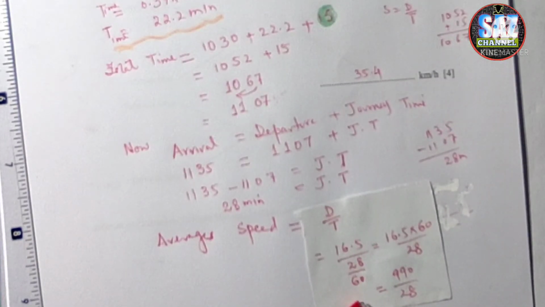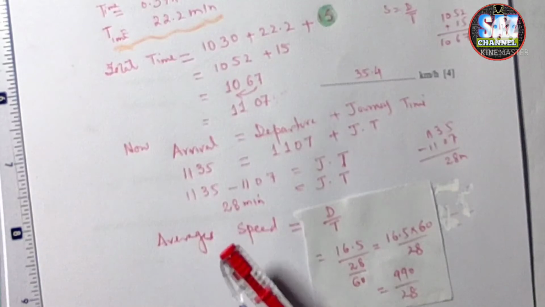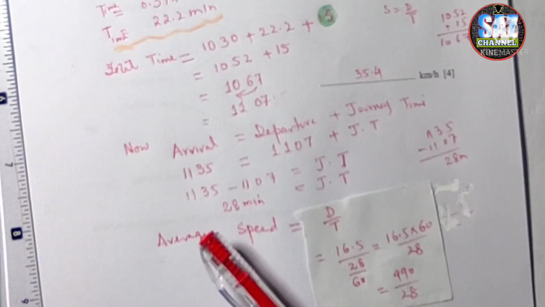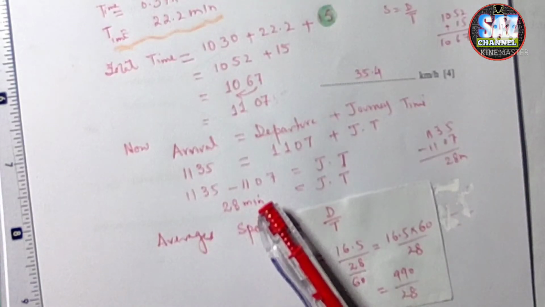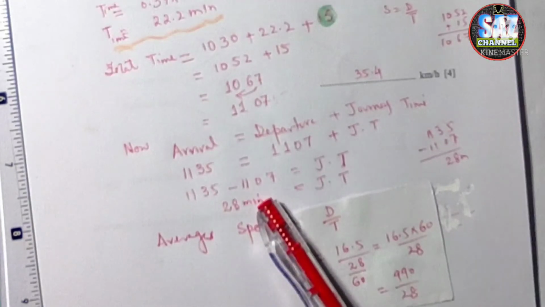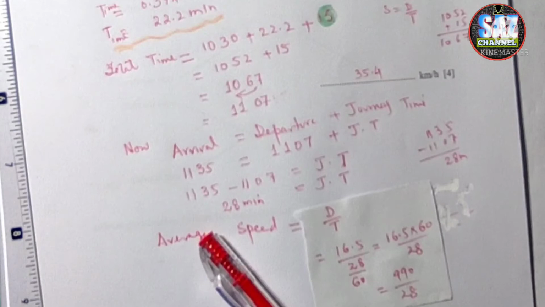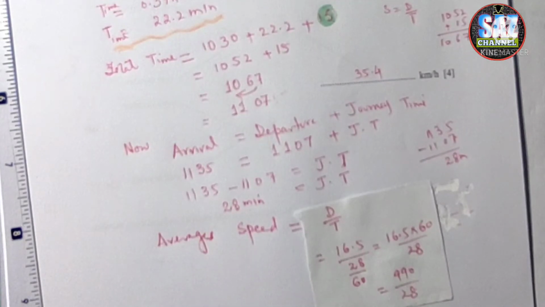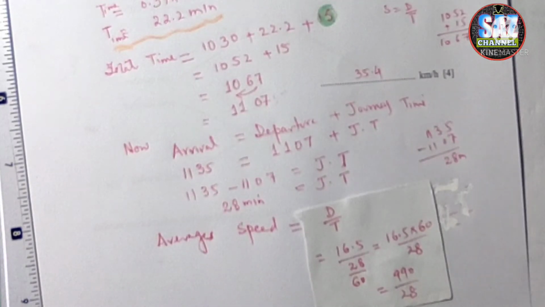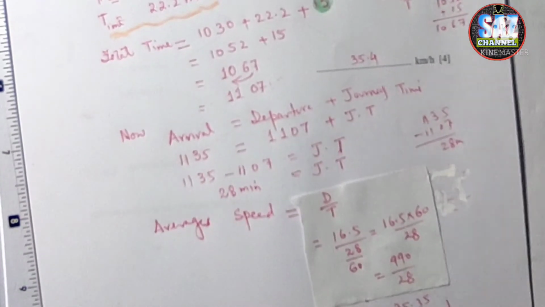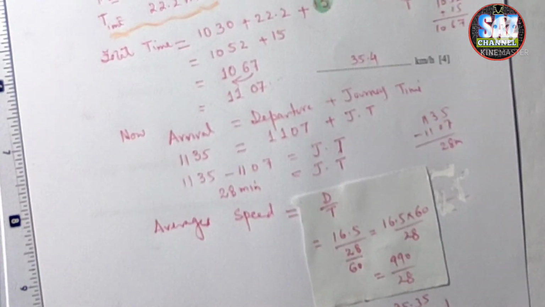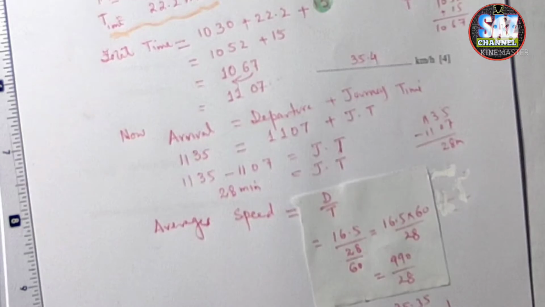In order to find the journey time, we have to take away that 11:07, which is the departure time from T towards P, from the arrival at P, and then we can apply the formula, average speed equals distance traveled upon time taken. I hope you are clear about this question, and let's move to the next question.